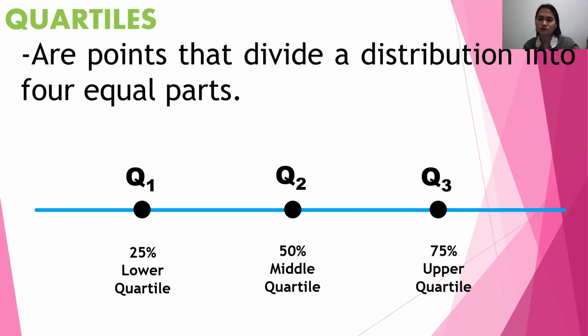We divide the distribution into 4 equal parts. Q1 is the lower quartile or 25% of the data distribution, Q2 is the middle quartile, which is 50% of the data distribution, and Q3 is the upper quartile, which is 75% of the data distribution.